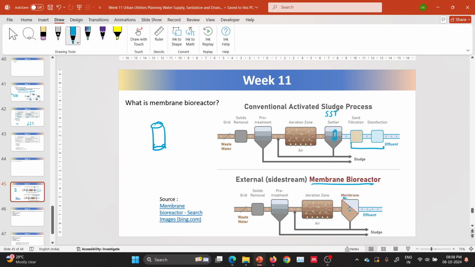That membrane can remove the bacteria, viruses also. They are very small pore size. So when membranes are kept inside, the effluent quality improves and the settlement of the sludge in the SST also improves. But it requires more energy. But the effluent is good quality. So this is the only difference in activated sludge process and membrane bioreactor. Rest all the processes are same.